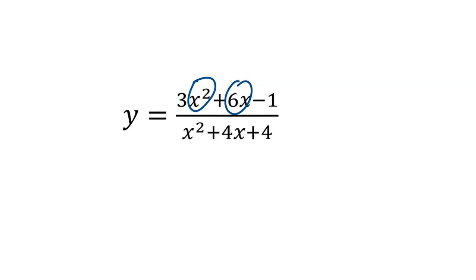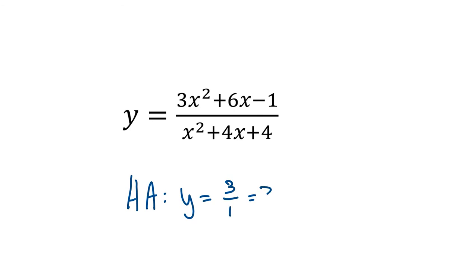And even this part will eventually become kind of insignificant. Okay, so the horizontal asymptote is 3 over 1, or 3. And you always look to the highest degree term over the highest degree term, to get the coefficients of that to get the asymptote. Everybody got that?